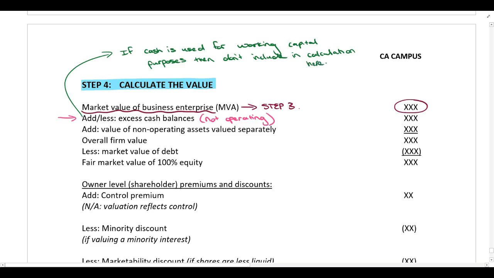However, if it's excess cash that is not operating in nature, then we include the balance over here. Please do this if the question is silent.